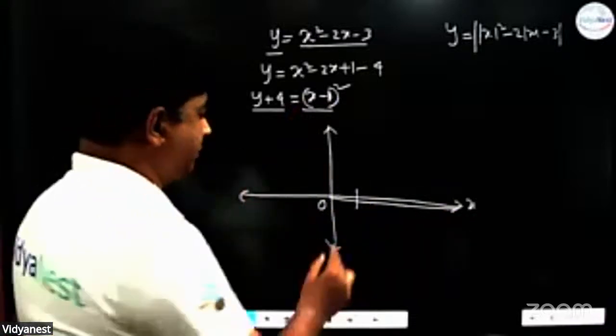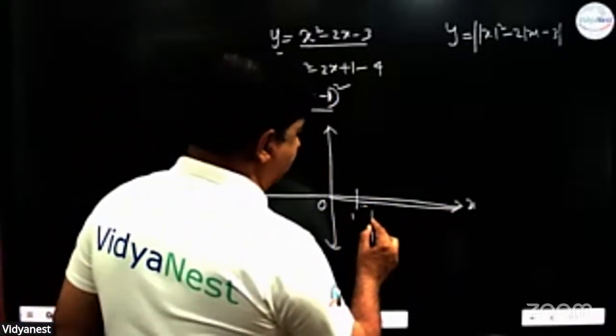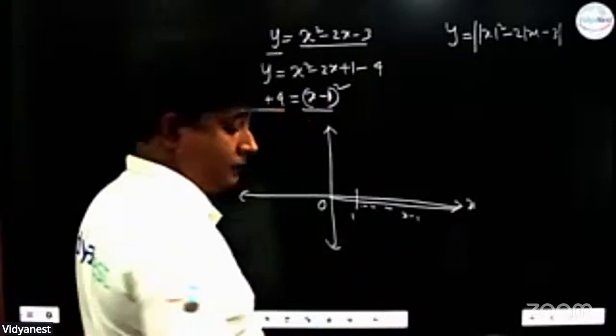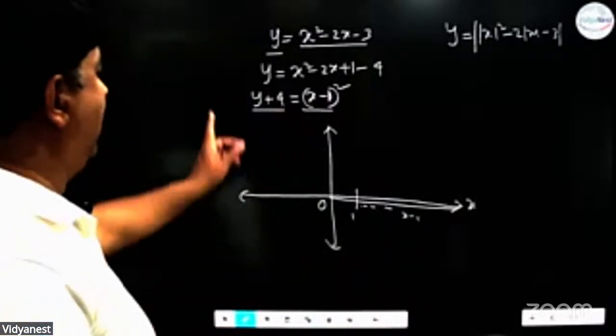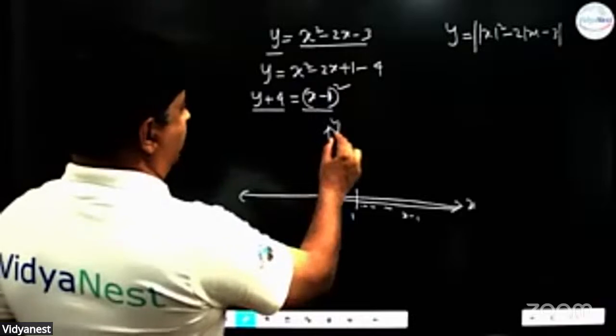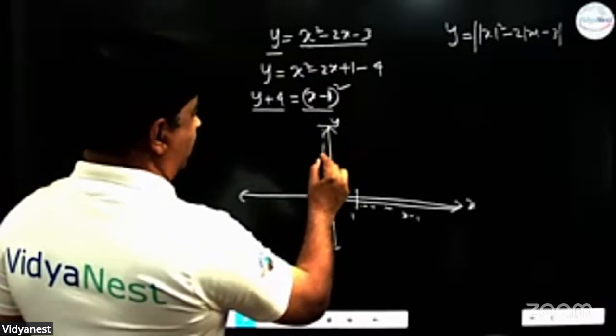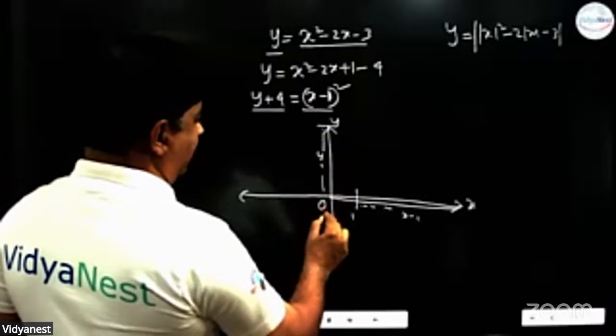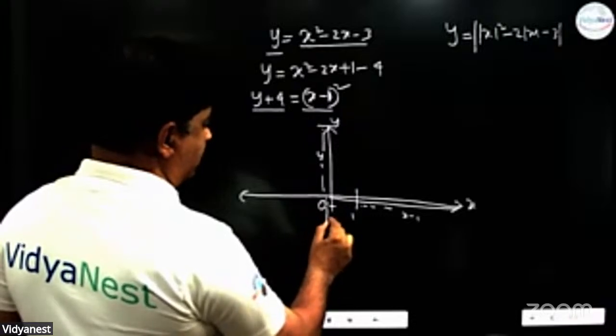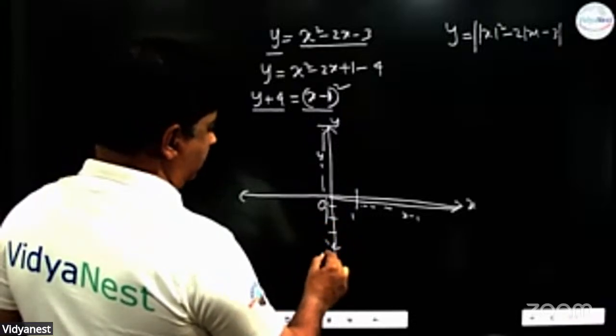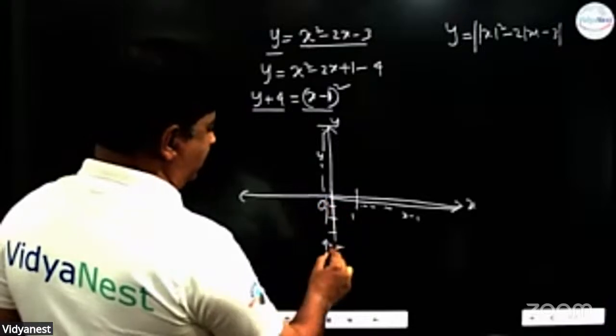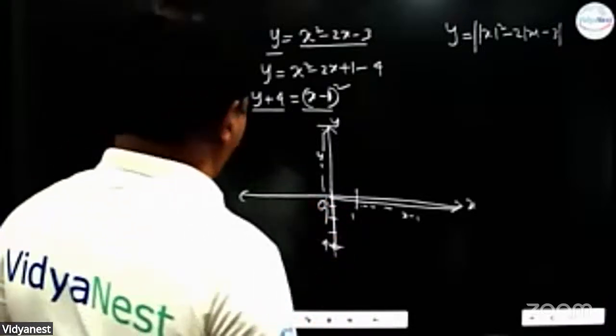Yes or no? Yes, sir. The remaining part is x minus 1. Yes or no? Yes, sir. And y plus 4: if you take this part as y, plus 4 means you have to go 4 units downwards. Yes or no? Yes, sir.